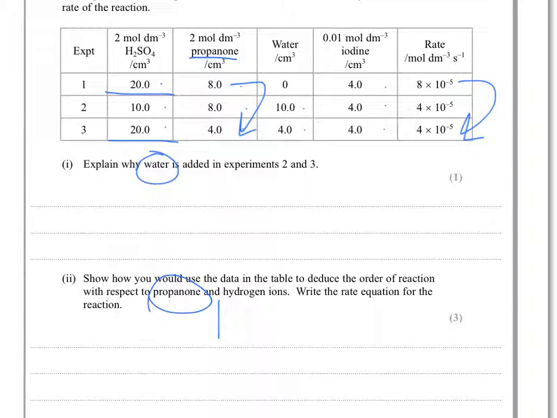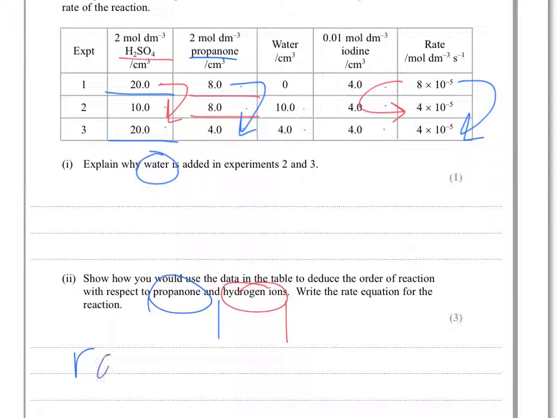If we now look at where our H2SO4 is changing, but our propanone is constant, so between experiments 1 and 2, when our H2SO4 is halved from 20 to 10, our rate is also halved. So we can say with respect to the hydrogen ions, with respect to the H2SO4, it is also first order.